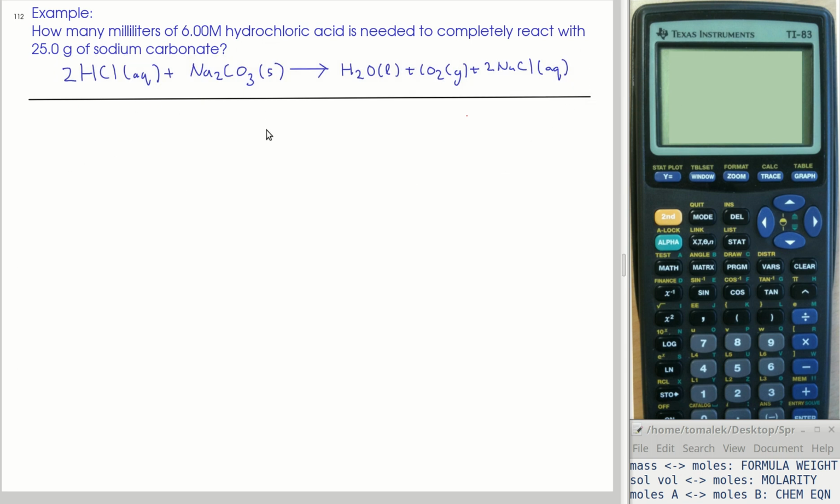So let's look at the problem statement and see if there's anything we can make moles. So start reading it. How many milliliters of 6 molar hydrochloric acid is needed? Can we do anything with that? First, let's ask ourselves what kind of number that is. 6.00 M, this unit right here, is molarity, which is moles per liter.